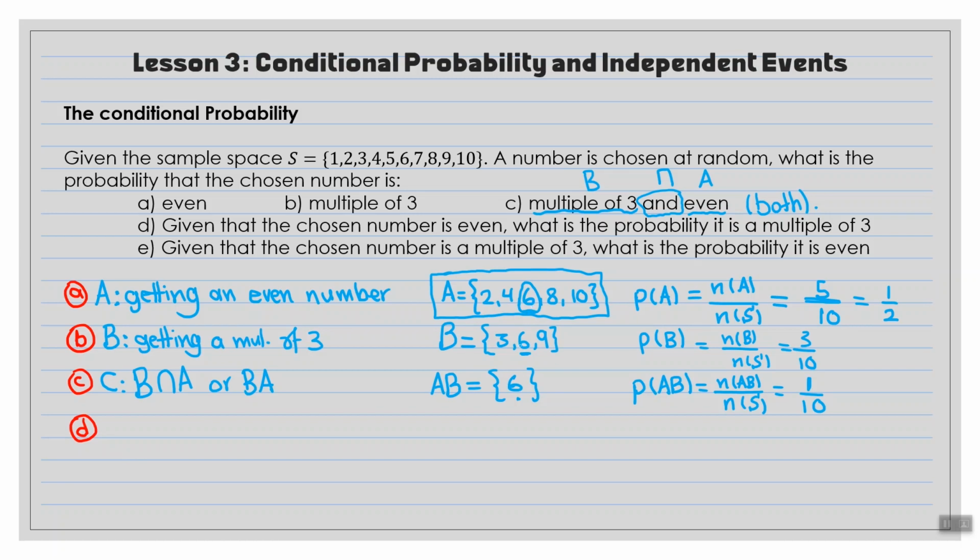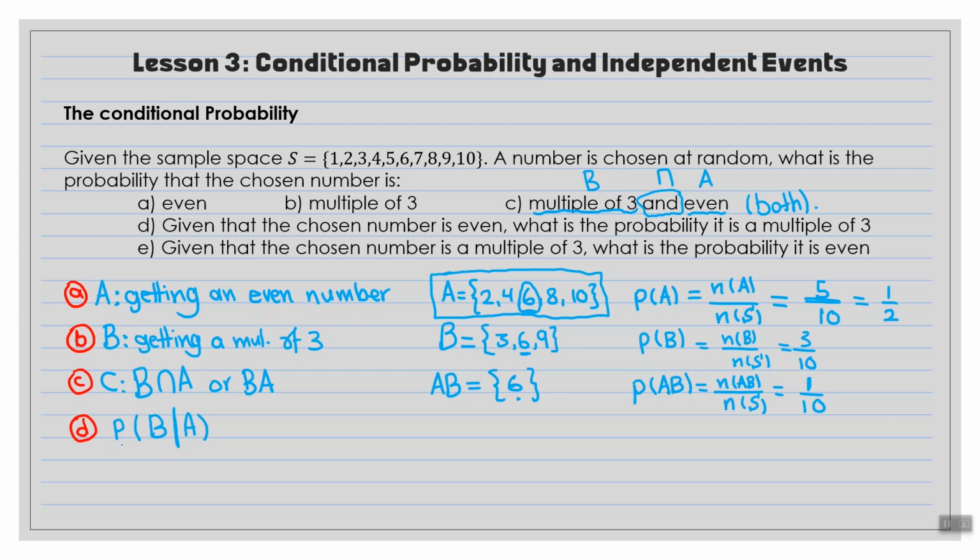By the way, we got this number before when we found AB, because this number was both even and a multiple of 3. So what is the probability of, look at this guys, of getting a multiple of 3? Remember, this is event B, of getting a multiple of 3, given that, this sign means given that, we have chosen an even number.